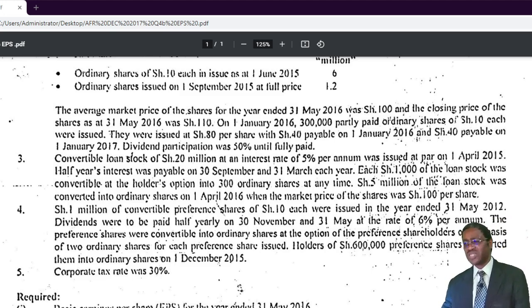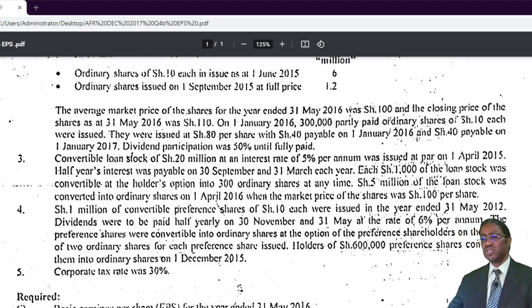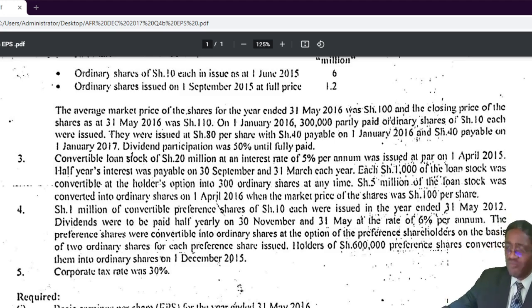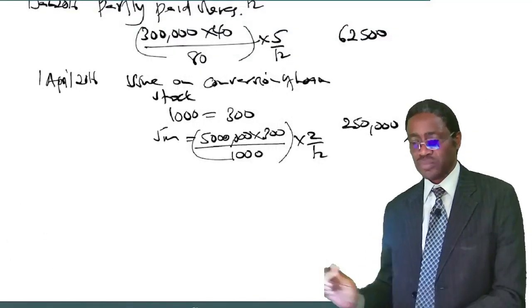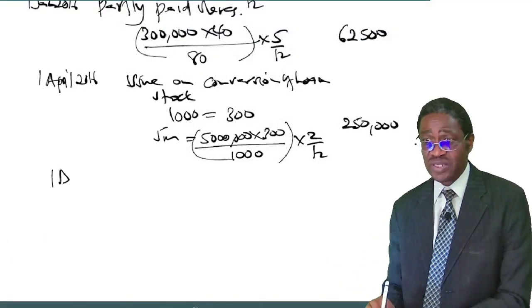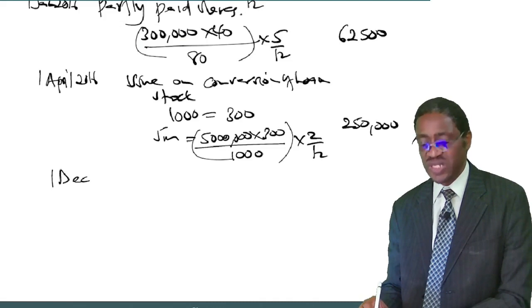Holders of shillings 600,000 preference shares converted them into ordinary shares on 1st of December. So we now come to 1st December 2016.